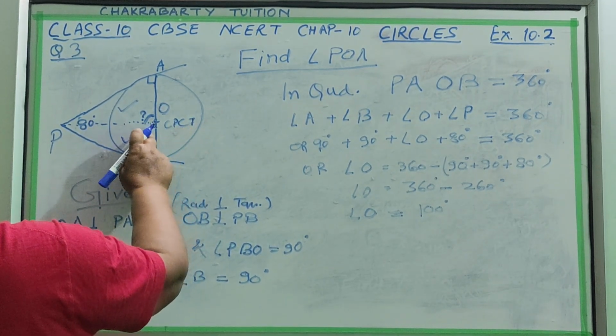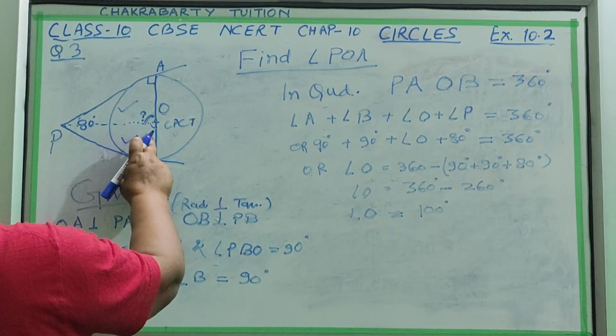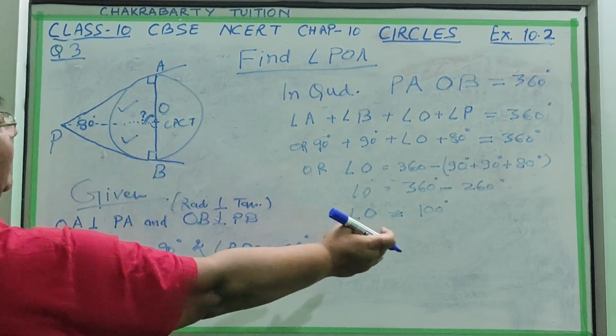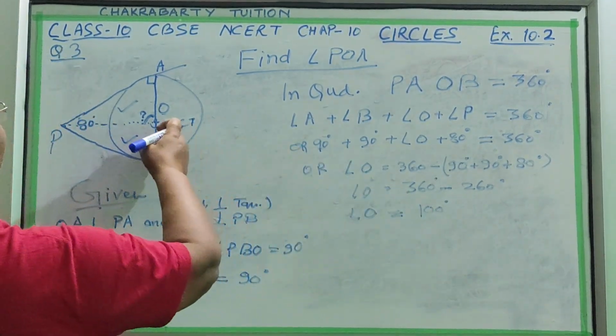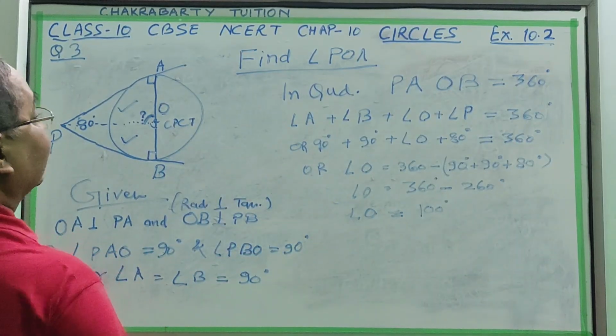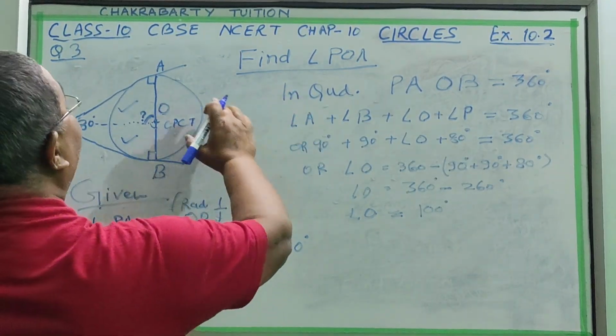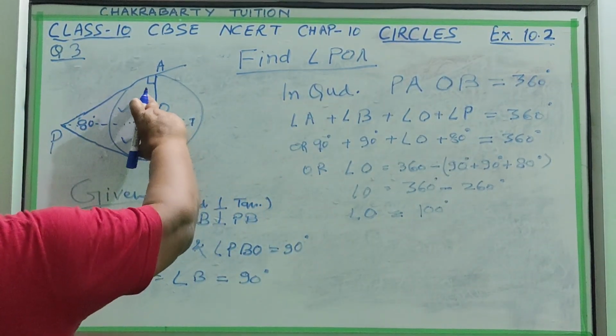On that basis, if these angles are equal, we will divide 100 by 2, and your answer will come. So now we will first make a congruency check.